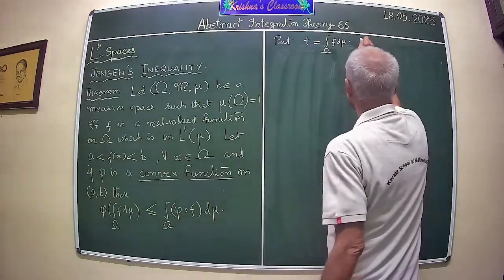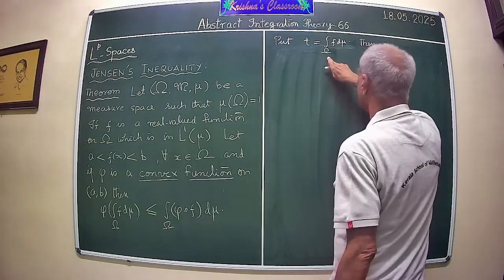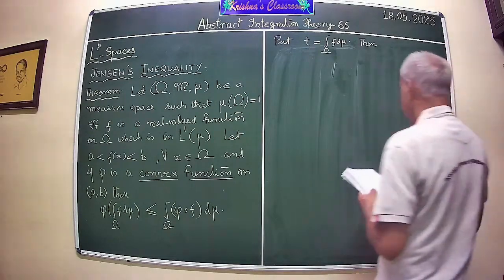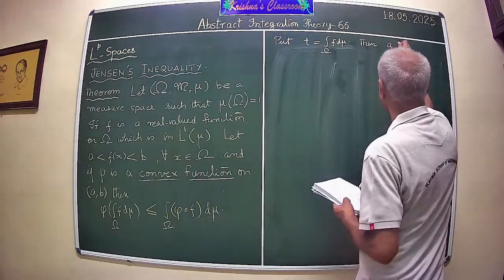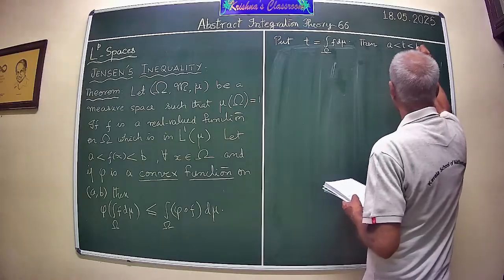Then we have mu of omega equal to 1, and therefore this gives the inequality a less than t less than b.